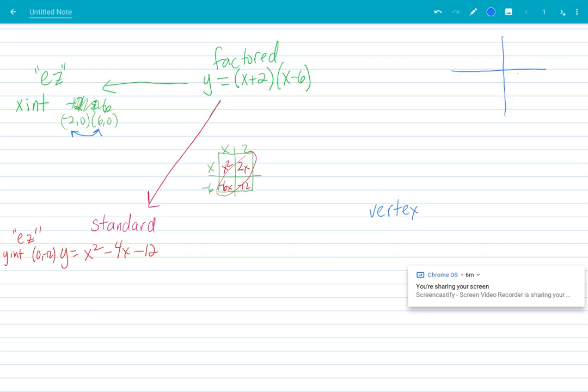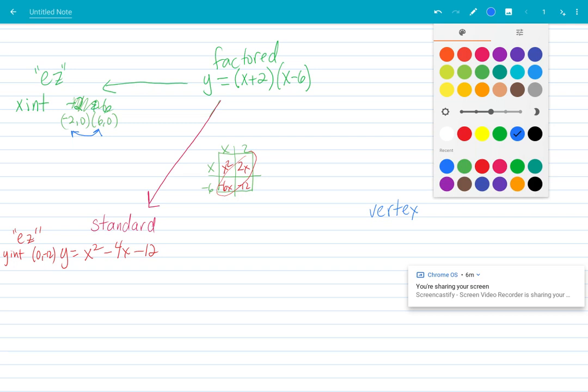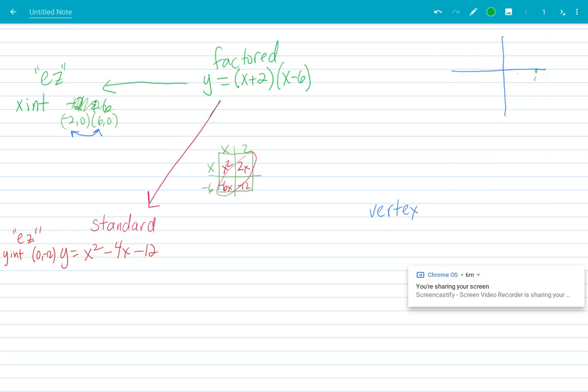How far apart is 6 from negative 2? 8. So what's half of 8? 4. So I would just square 4, and I would get 16. And it's going to go down, so it's going to be negative 16. And you said it's 4 away from the intercept, so that's going to be at x equals 2. So the vertex is (2, -16).